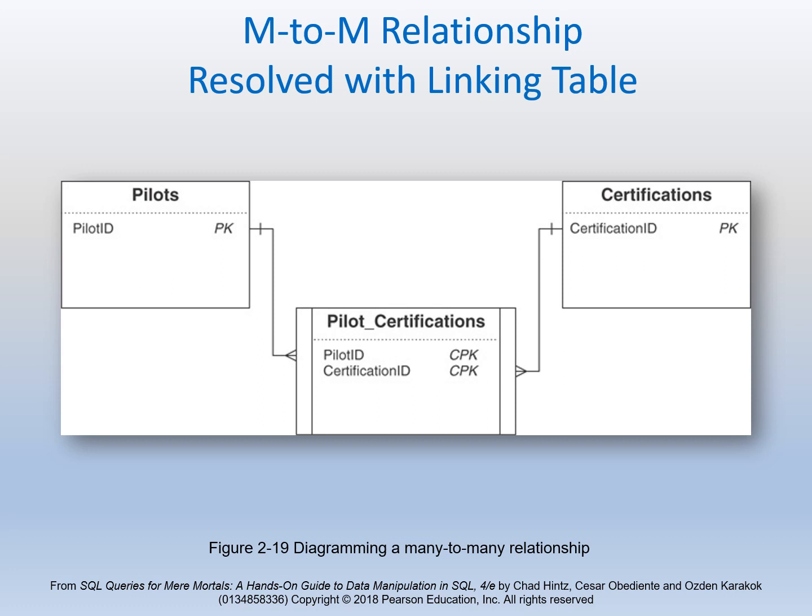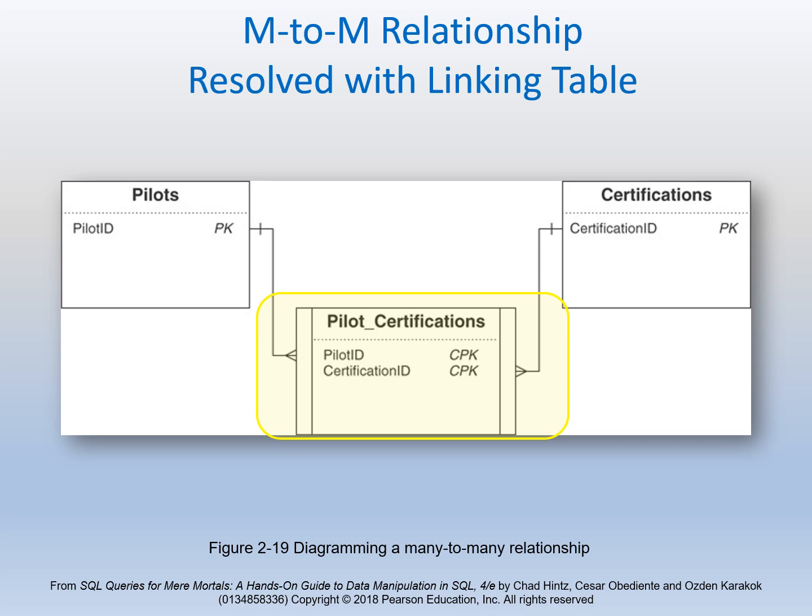In our last lesson, we discussed linked tables. Here we see a good example of the value of linked tables, because without this linked table, there would be a many-to-many between pilots and certifications, which we discussed in the last lesson. We do not want a many-to-many between two tables.